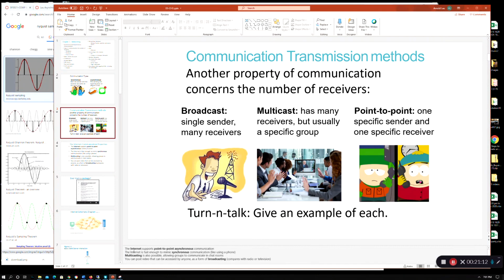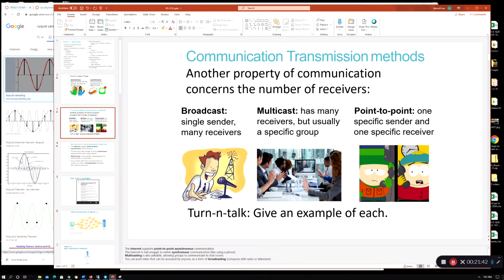And you can see an interesting point here, which is that when you're sending information back and forth over the internet, it's not the same thing as a phone. With a phone, you have a direct connection between the two parties, and it is really synchronous. It can happen exactly at the same time.